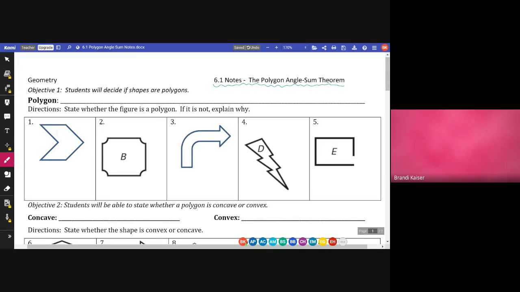So a polygon, the technical definition that we're going to use, is a plane closed shape with straight sides.